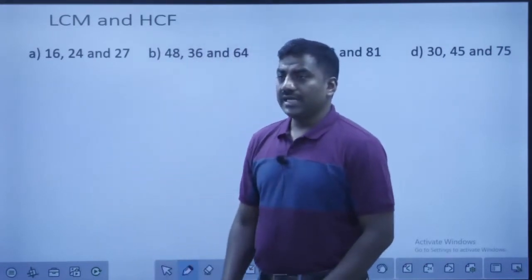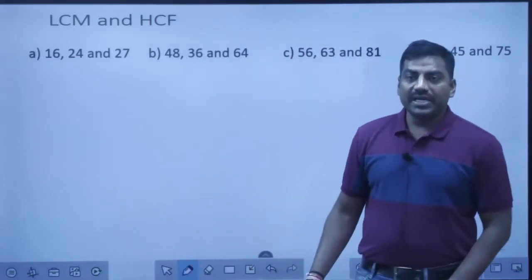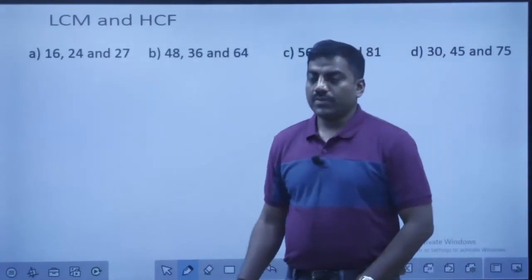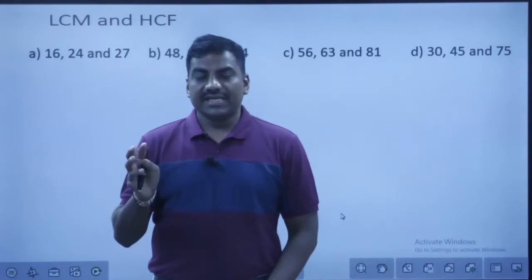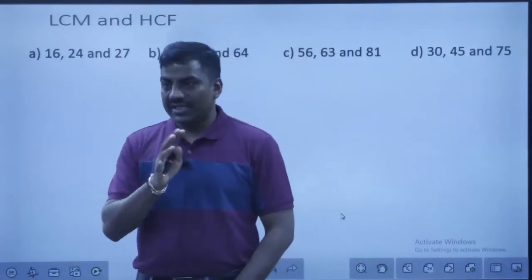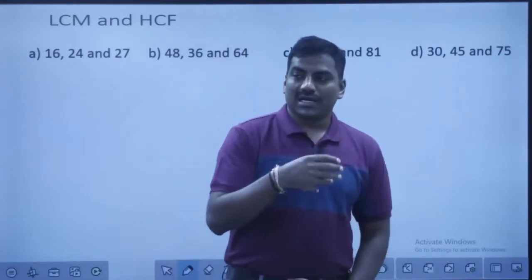Fine. Then there are many applications of this HCF and LCM. I already told you, when we are finding the HCF, we are always looking for a smaller number. When we are looking for the LCM, we are looking for a bigger number.